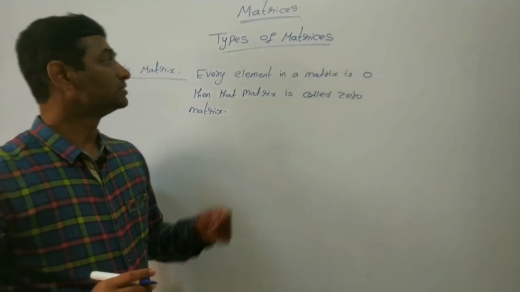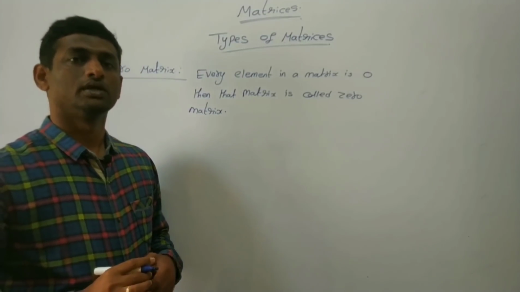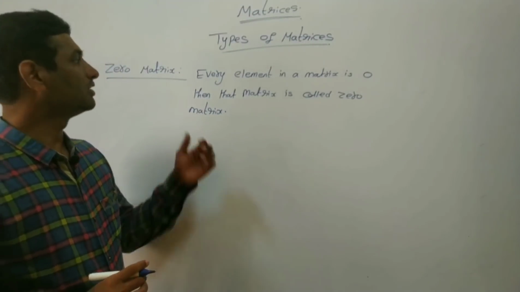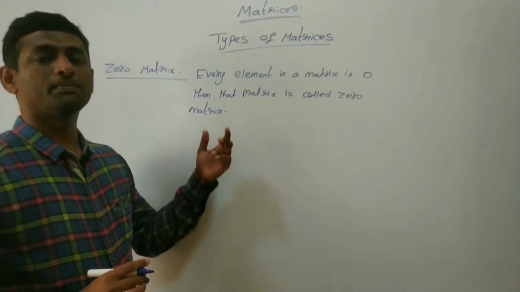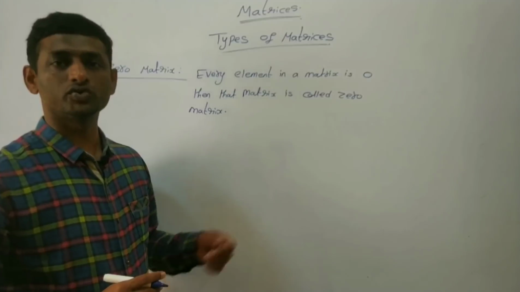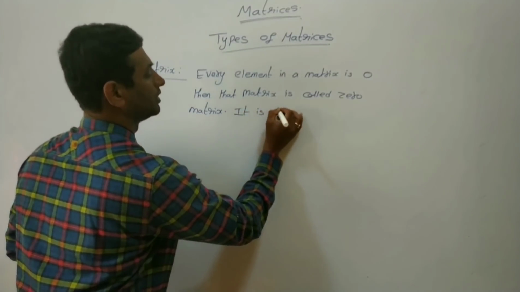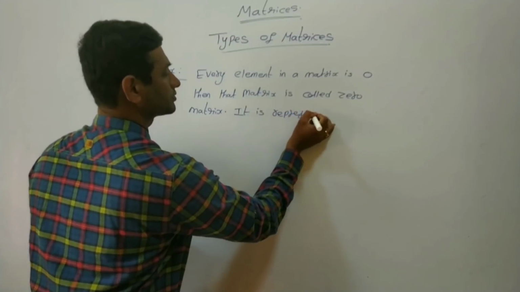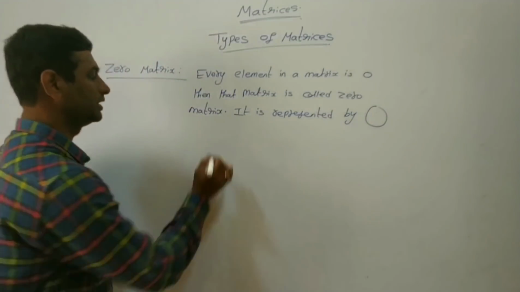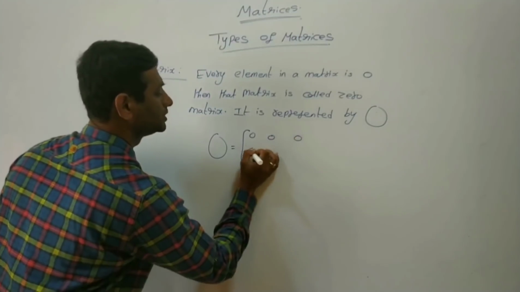As I told you, matrices are represented by capital letters: capital A, capital B, capital C, up to Z. But a zero matrix can be represented by capital O. So O is also a capital letter. That is, O is equal to 0 0 0, 0 0 0.